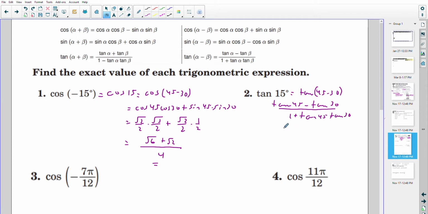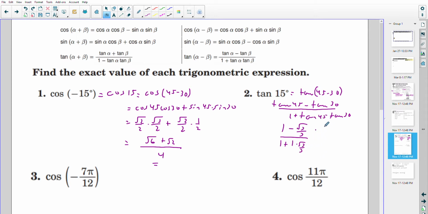And tangent 45 is 1 by table, and this is 1 over square root of 3, which is the same thing as square root of 3 over 3. I'm just writing that like this to make it a little bit easier when I simplify. 1 plus 1 times square root of 3 over 3.